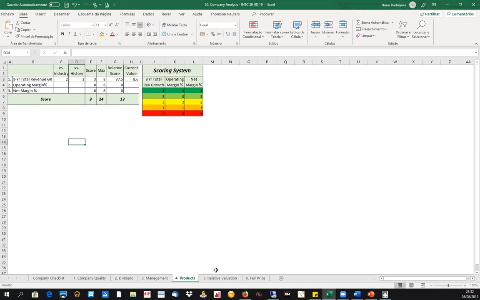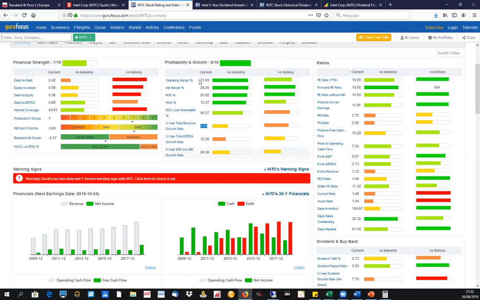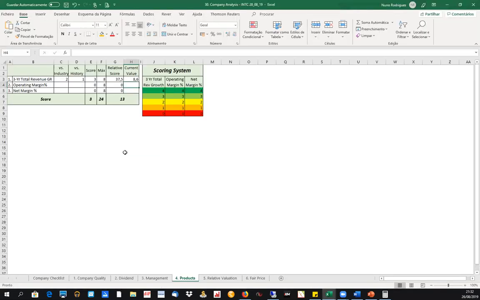Operation margin, 31.93. I'm not explaining what each metric means, as this is for another opportunity. I'm just showing you how we use the color scheme to quantify and make this as easy as we can.